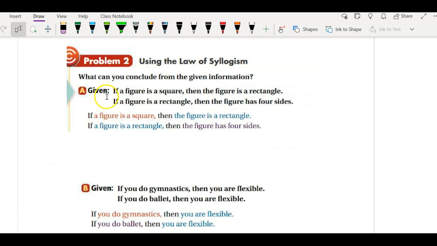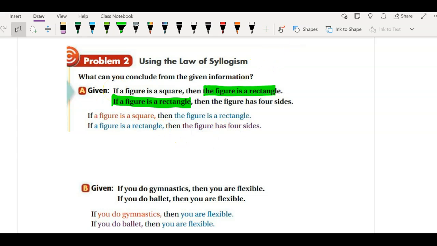So let's take a look at this example. If a figure is a square, then the figure is a rectangle. This takes my conclusion, and in my next statement, my conclusion goes first. So if a figure is a rectangle, then the figure has 4 sides.